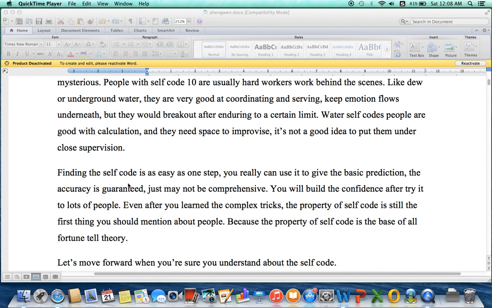So finding the self code is as easy as one step. You just find the decimal date in the date column, and that is your self code, and you can make a prediction accordingly. You can use it to give the basic prediction. The accuracy of that is guaranteed, just may not be comprehensive.